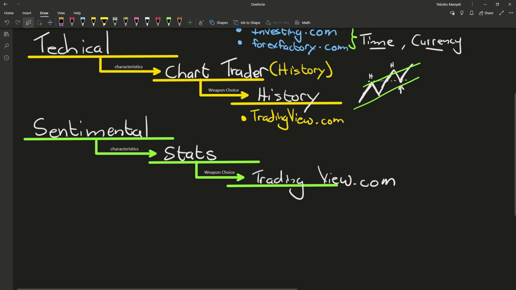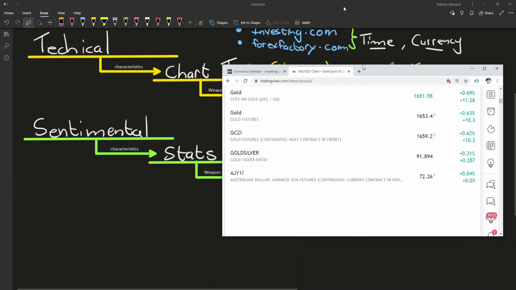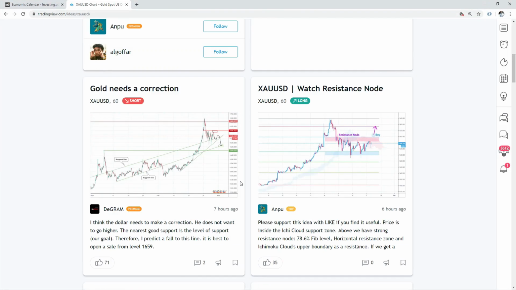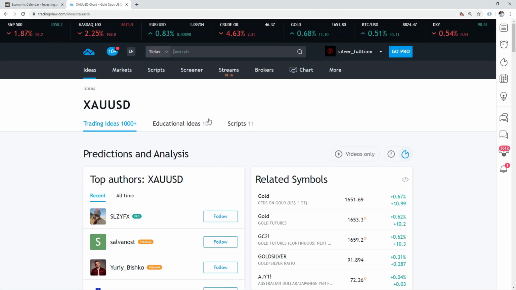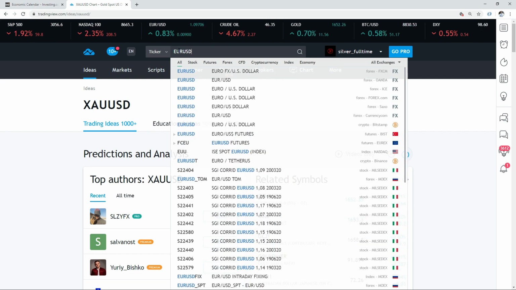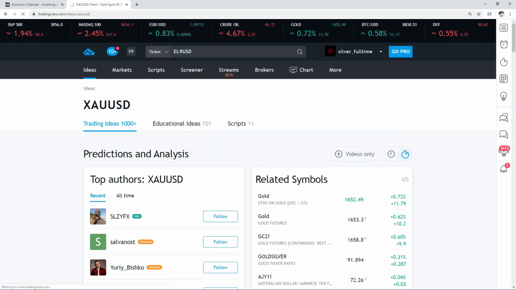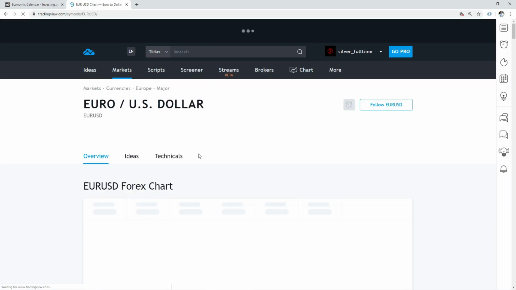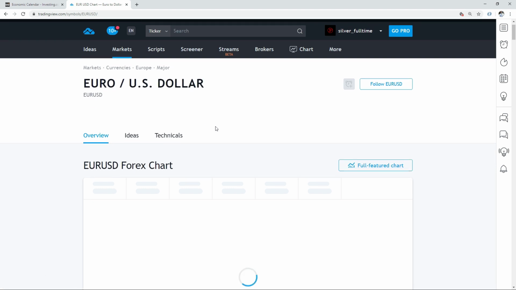Let's go back to TradingView.com. Alright, so if we go right back up here, let's say we're looking for ideas on the Euro USD. We want to know how many people are actually buying or selling this specific currency. Let's just let it load up there real quick.